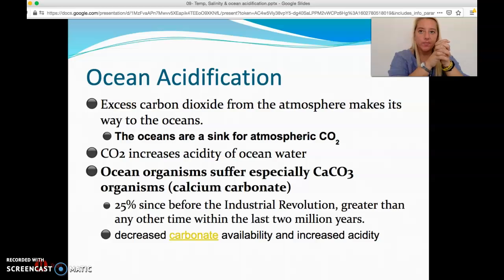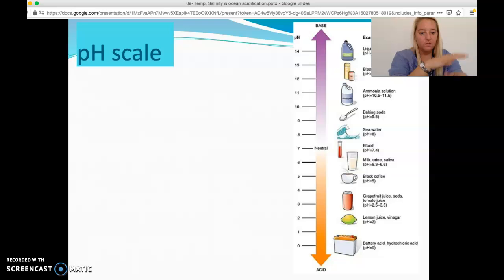So what they're doing is, instead of having a nice hard outer shell, they have a very soft shell, which is easy for predators to get in and hurt themselves. Easier for predators to get them and eat them, but it is bad for the organism itself and bad for fishing industries. So fishing industries as well.